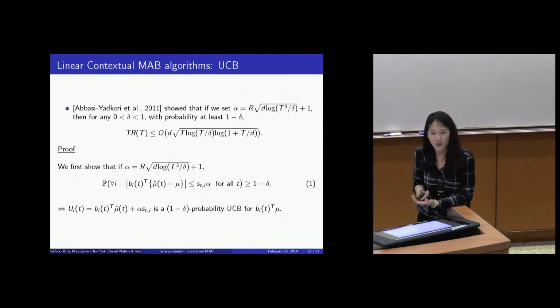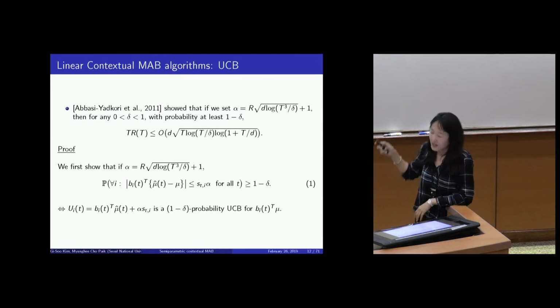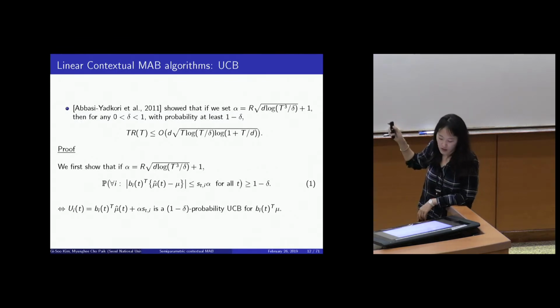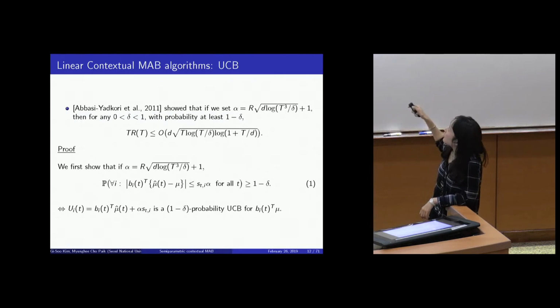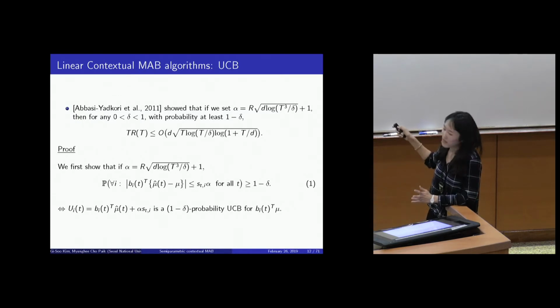So I will see very briefly the proof. In fact, the key of the proof is proving inequality 1. And this inequality bounds with high probability this term when alpha is set like this. And this is equivalent to saying that the upper confidence bounds are indeed 1 minus delta probability upper confidence bounds for the expected rewards.